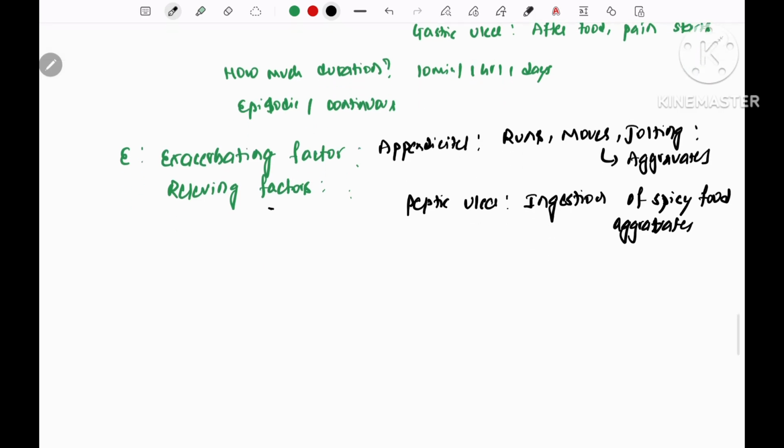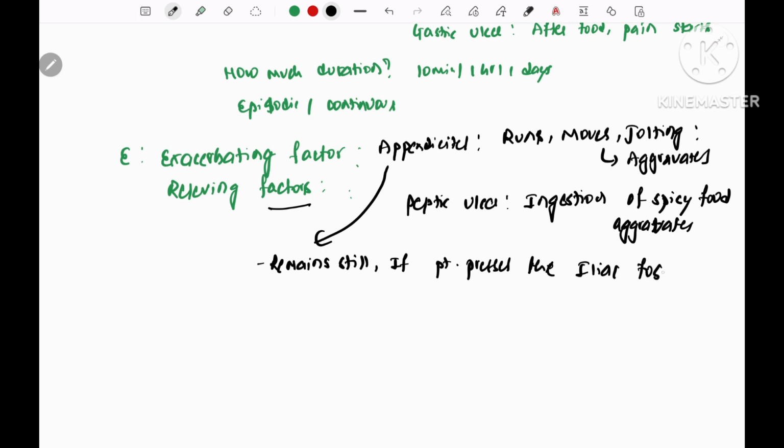Now relieving factors for acute appendicitis: if the patient remains still, and if the patient presses the iliac fossa, the pain relieves.